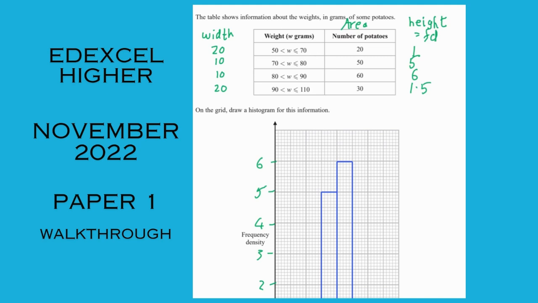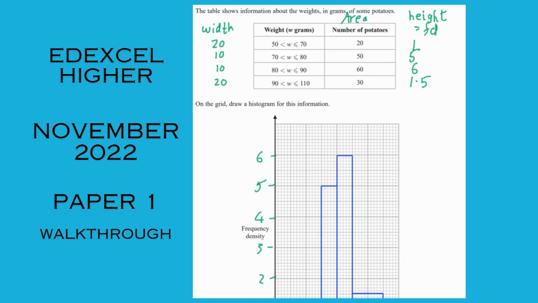It's the area of your rectangles, and frequency density, therefore, is your height. So area 20 divided by width 20 gives me 1. 50 divided by 10, 60 divided by 10, 30 divided by 20. So we've got results ranging from 1 to 6.